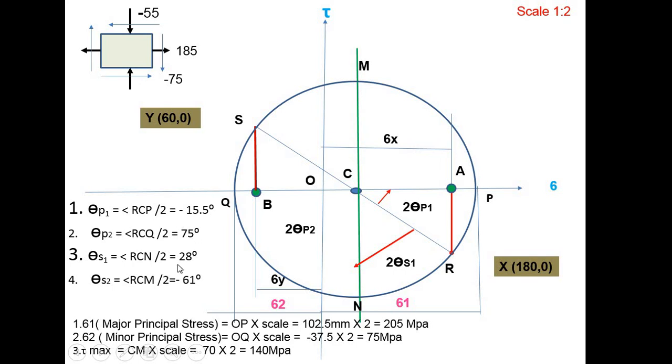Divided by 2 because in a Mohr circle we always take twice the angle, so to get the actual angle we need to divide it by 2. Then theta S2, this is another maximum shear stress plane. Now we measure this angle in an anti-clockwise direction, so this angle is minus 61 degrees.